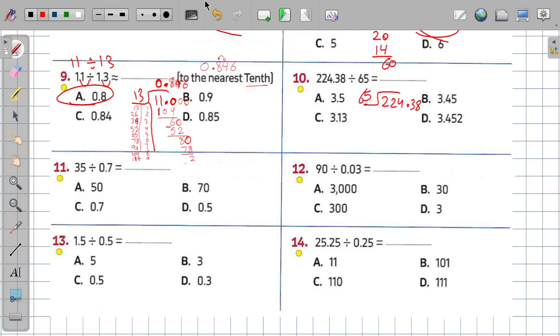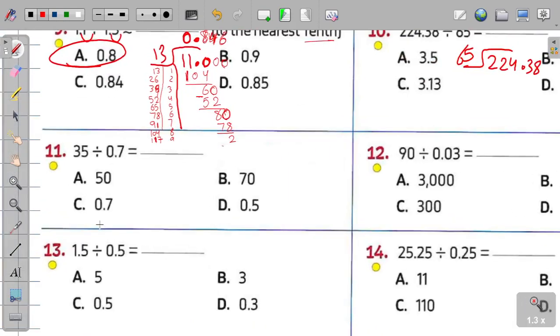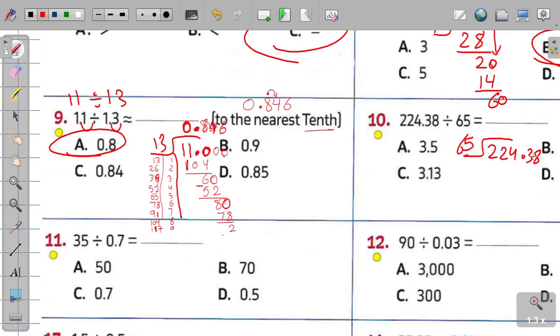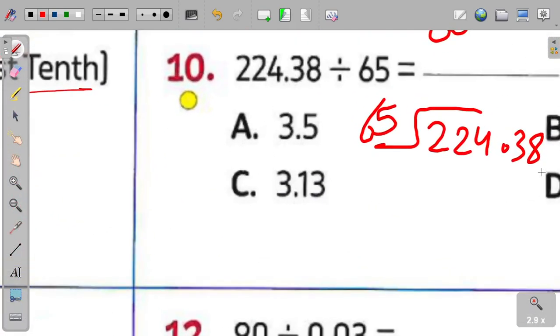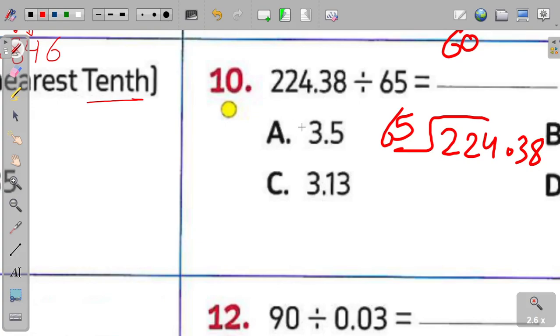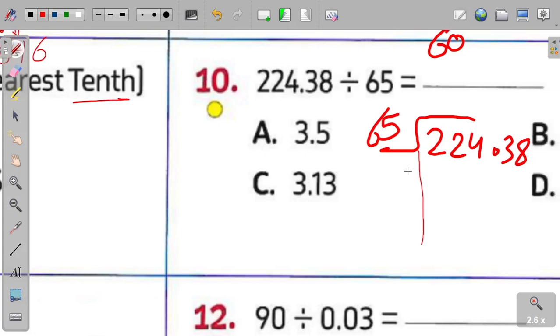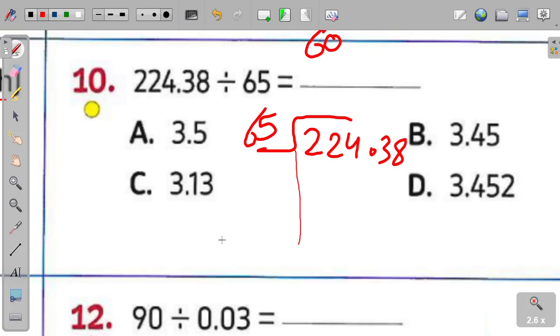Okay, so first let's make the multiplication table of 65.